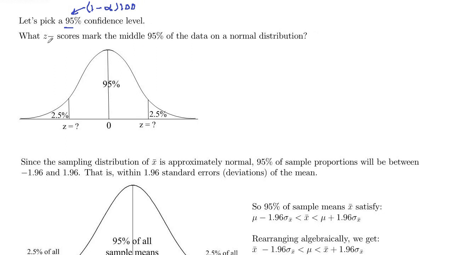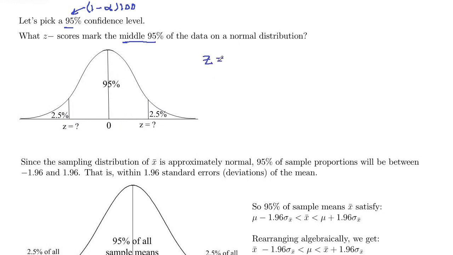So we want to know what z-scores would mark the middle 95% of the data on a normal distribution. So we've got 95% of the data in the middle, 2.5% out here, 2.5% out here. We want to know those z-scores. So we're given percentages, we want z-scores. So this is an inverse norm problem.